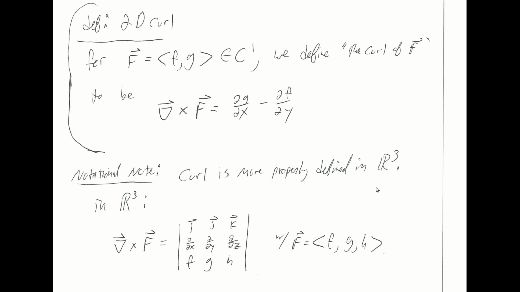But in 3 dimensions, the notational choice for curl makes a great deal more sense because nabla cross f is actually given by this cross product version of these two vectors. So we're going to take the i hat, j hat, k hat unit vectors. We're going to take the entries of nabla here, partial with respect to x, partial with respect to y, partial with respect to z, and then f hat, if f hat is f, g, h, that makes up the bottom row.